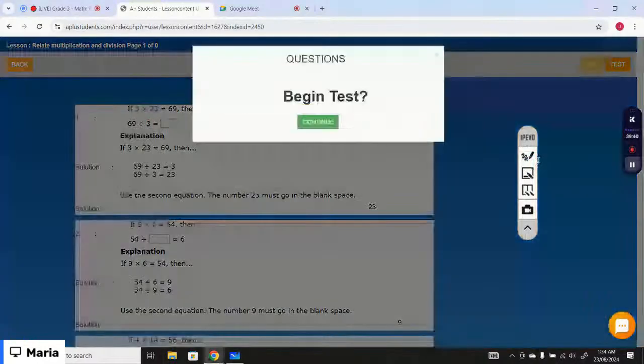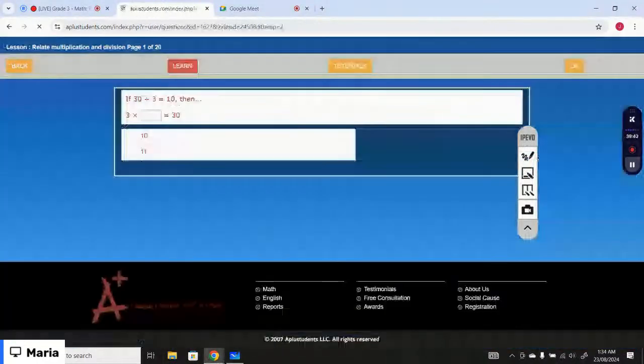Let's just start with the test question. If 30 divided by 3 is 10, then 3 times what number is 30?